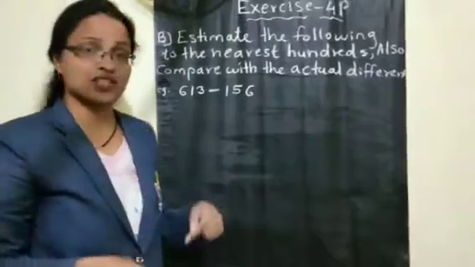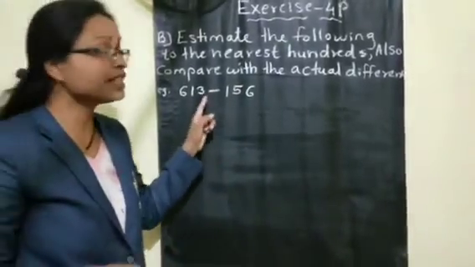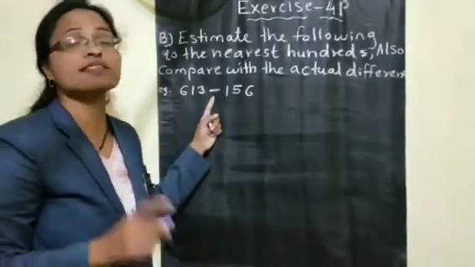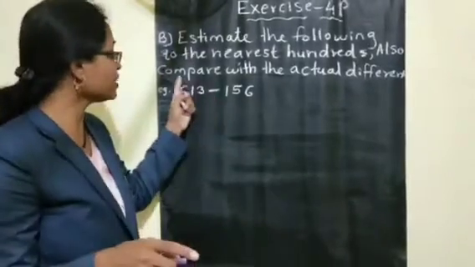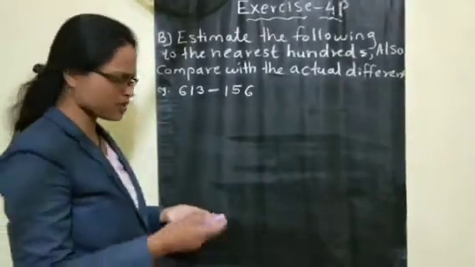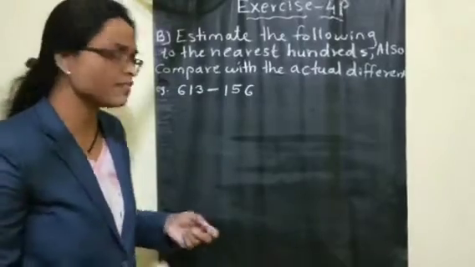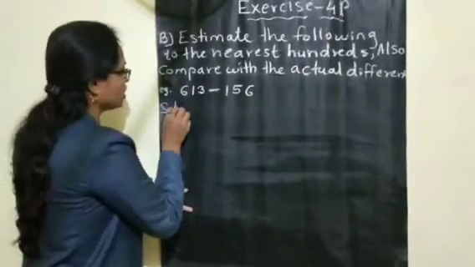Again now we have to estimate to the nearest 100 only, but here we have to find the difference, because if we observe, here the sign is minus, and even they told to compare with the actual difference also. So same process, children, only instead of the sum we are finding the difference. So solution.